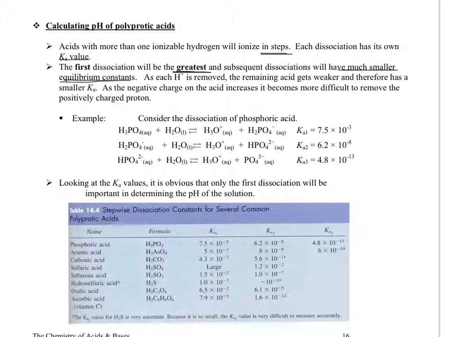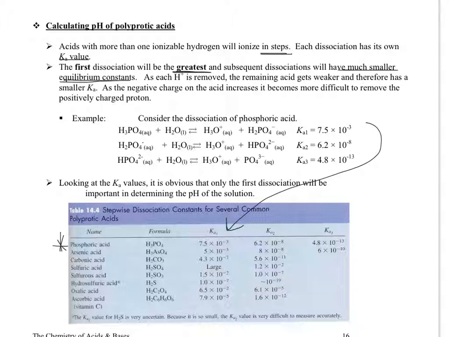So we have an example here of H3PO4, and we have its Ka value. If you'll look down at the chart, this is the first acid listed here, phosphoric acid, and losing the first hydrogen gives us a Ka value of 7.5 times 10 to the negative 3.